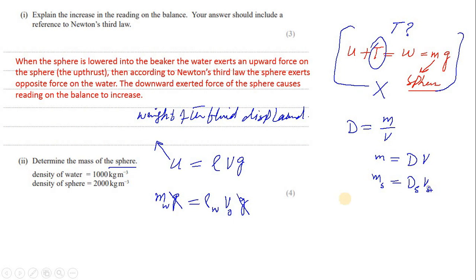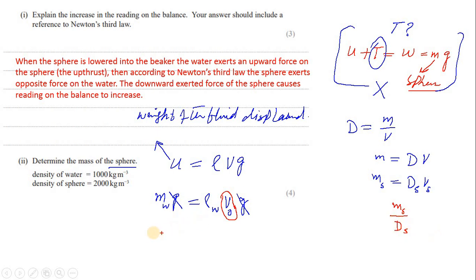In this case, the volume of the sphere I said V naught, so I can replace this V naught with m_s divided by d_s.